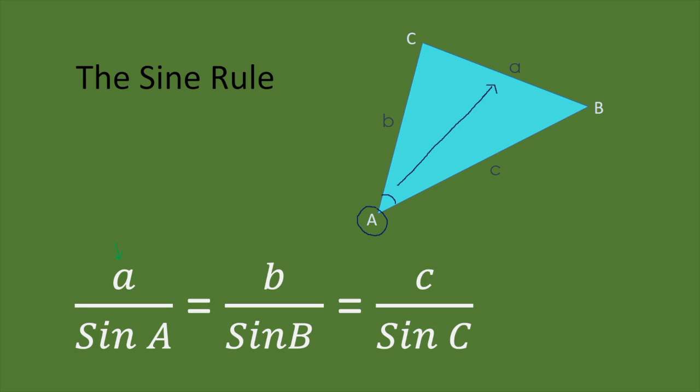So a over sine A is equal to b over sine B, that is also opposite, and c over sine C. Even though there are three relationships between the three angles and sides, we can use two of them for the sine rule. Let us see how we apply the sine rule and find the angles.